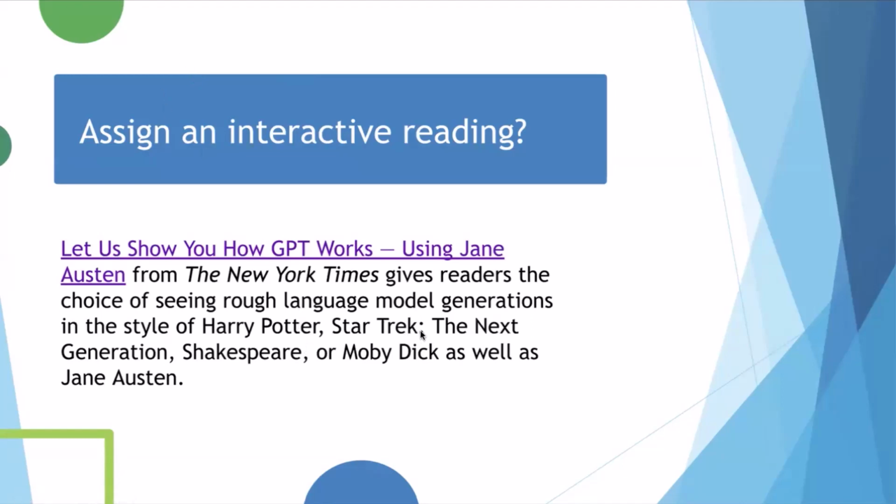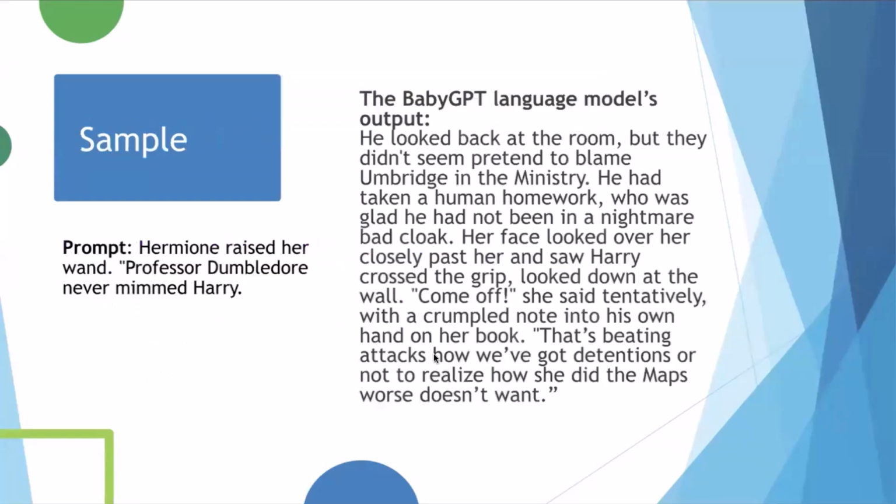You can see how when they start training the system, it just produces gobbledygook. But as they keep training it on text, it starts to produce things that look more like the style we'd be expecting, but they still don't make sense. I think the key is for students to get a sense of that: oh, that's recognizable as the style of Harry Potter, but it's pretty meaningless.